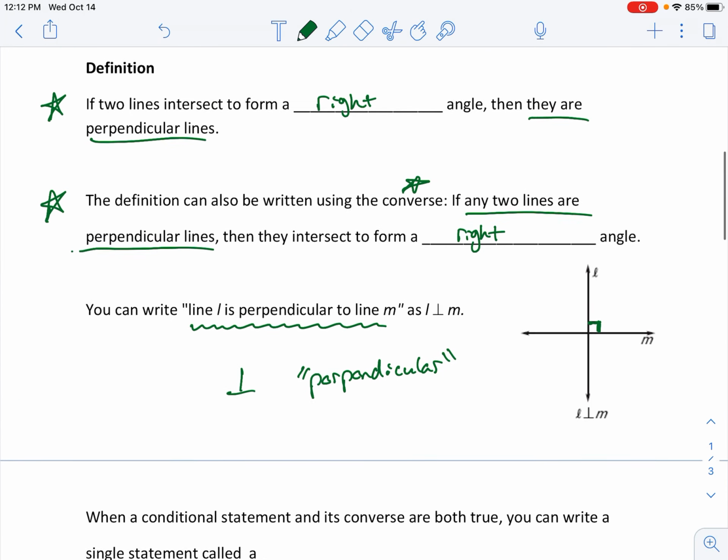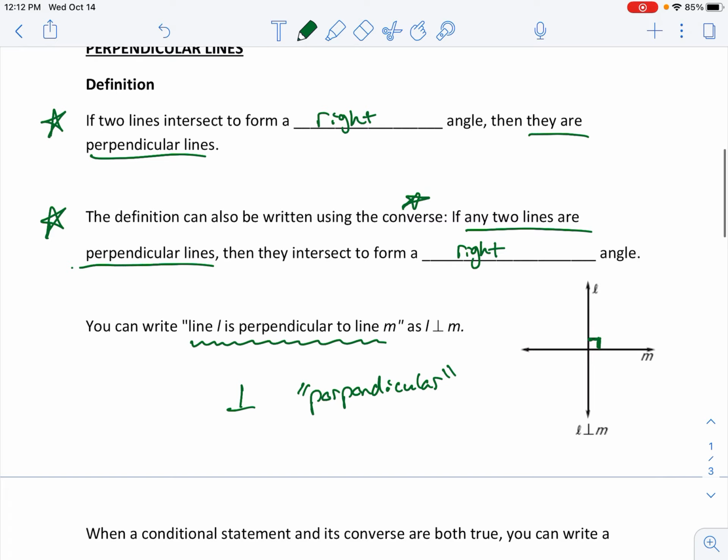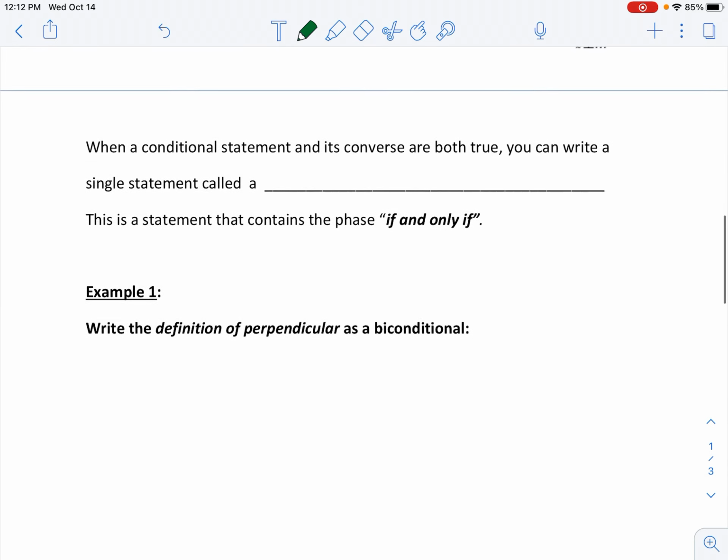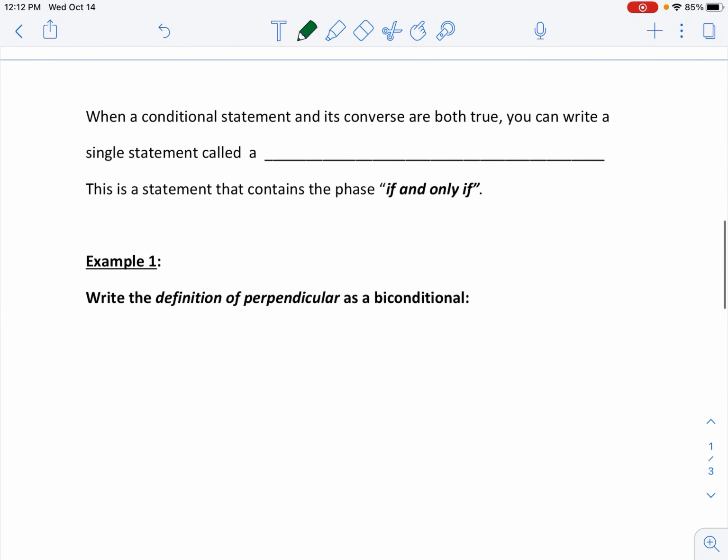Okay, so when both the conditional and the converse are true, we can write one statement, instead of me saying, write the conditional and then write the converse, called the biconditional. The biconditional statement.